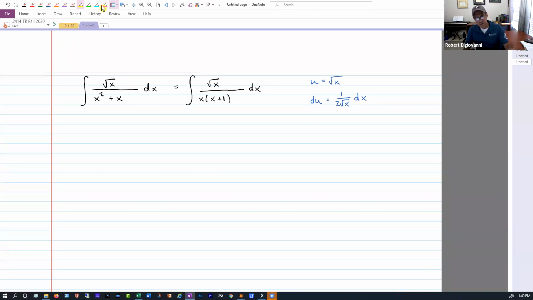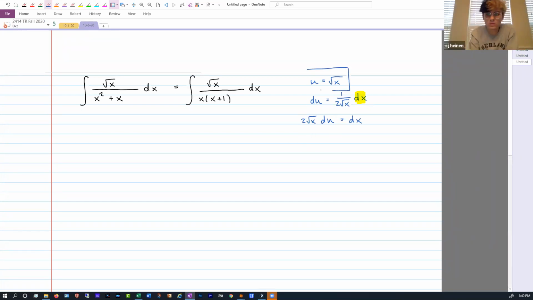If I try to get dx by itself here, I can multiply both sides by 2 root x. Now that may appear to be a problem, because on the left side you've got x's and u's mixed up, don't you? But what is the square root of x? It's u, isn't it?